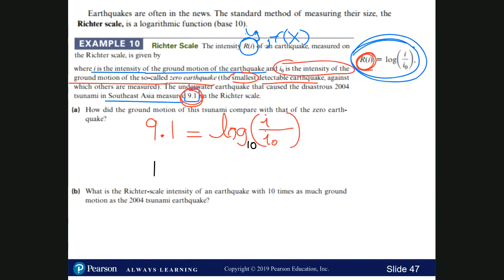So we have here 10, the base, to the power 9.1 is equal to I divided by I sub 0. Yeah, that is correct.